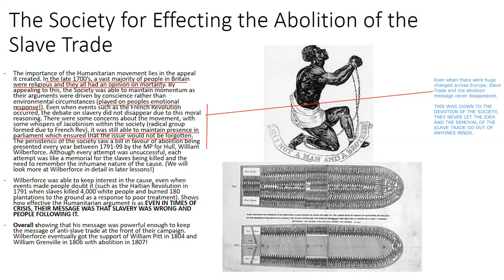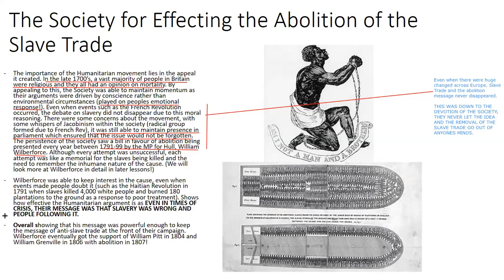Now, the persistence, the constant drumming of the message in society, saw a bill in favour of abolition being presented every year for 8 years by the MP for Hull, William Wilberforce. Because of this society, from 1791 to 99, William Wilberforce presented a bill to Parliament to try and abolish the slave trade.